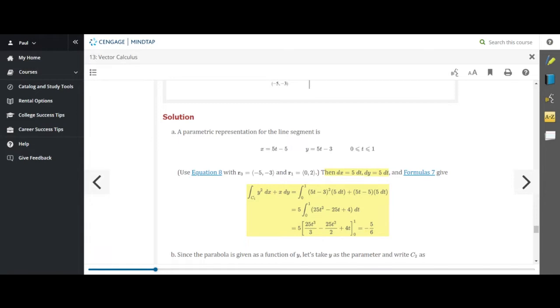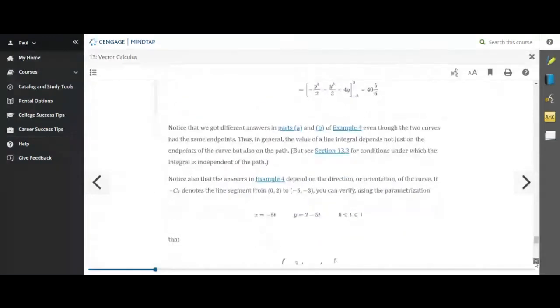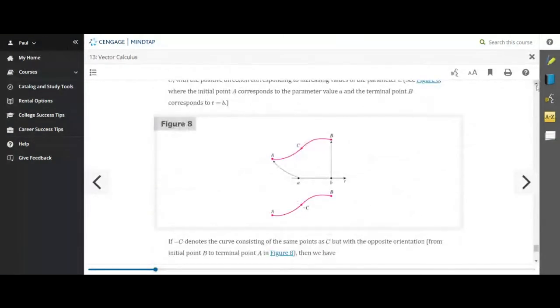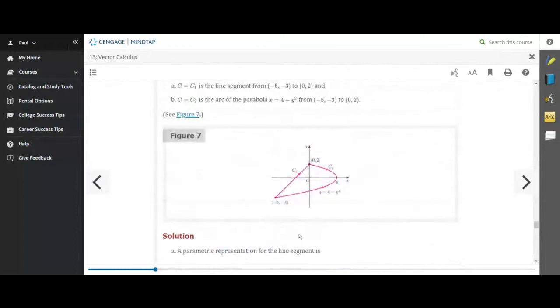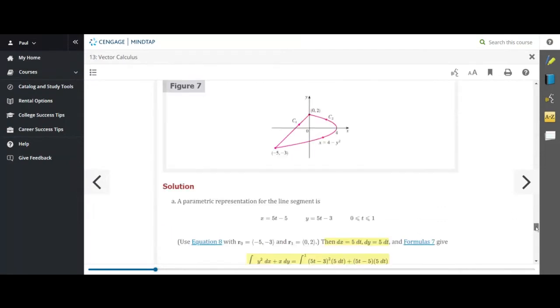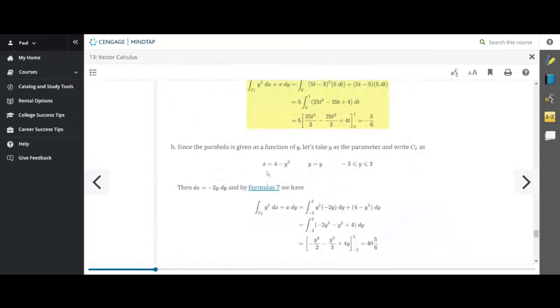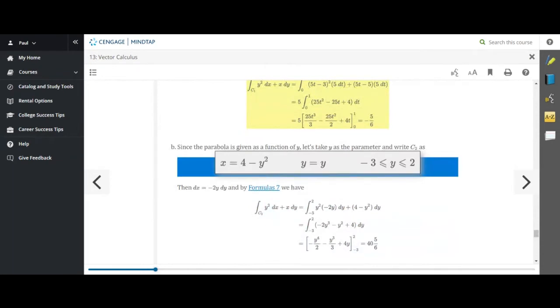That being said, now for part B, in Figure 7 they wanted you to find the sum of those line integrals over that parabola, x equals 4 minus y squared. So what they do is they say we can use this parameterization.